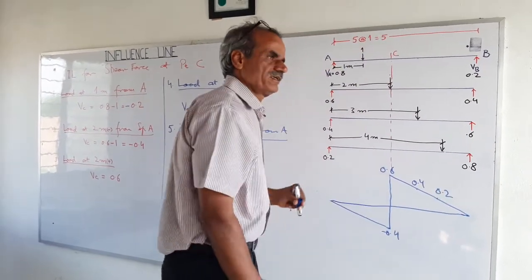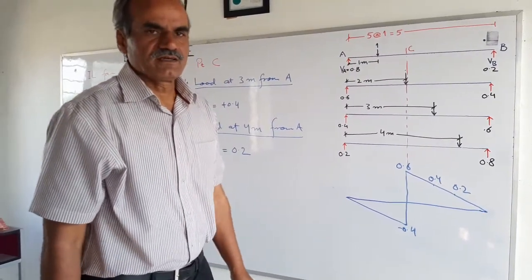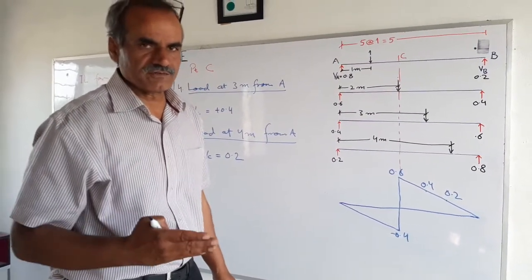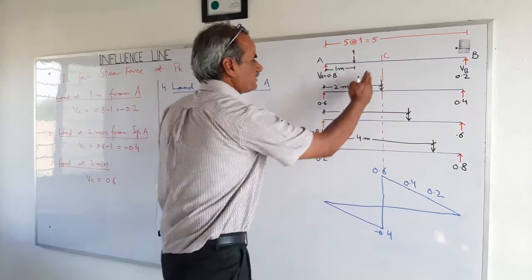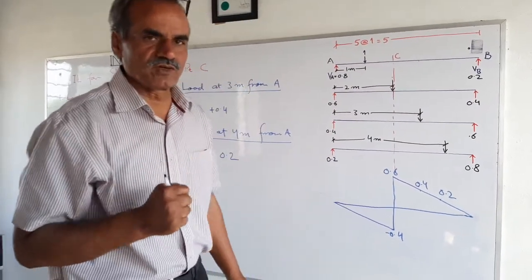So this is the influence line for shear force at C due to the unit moving load.